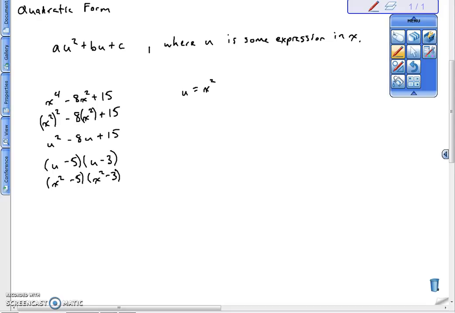All right. So 4A gives us g of x equals x to the 4th minus 9x squared plus 18.